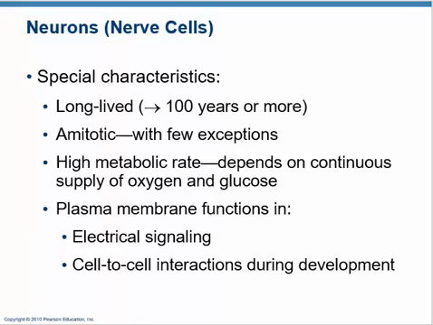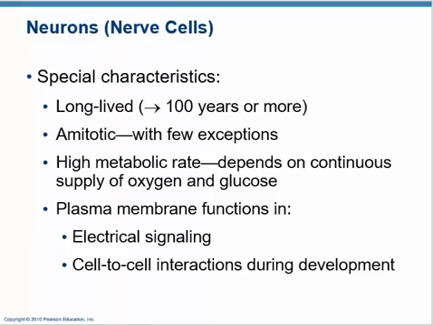Neurons, excuse me, are amitotic. They don't undergo mitosis. They use ATP in crazy amounts, all for the sodium-potassium pump and regenerating the resting membrane potential. So therefore, they need a lot of oxygen and a lot of glucose.